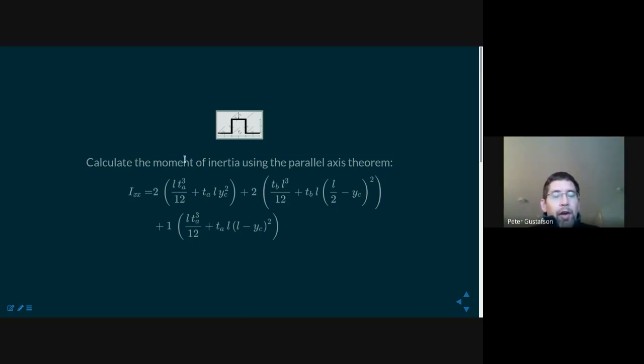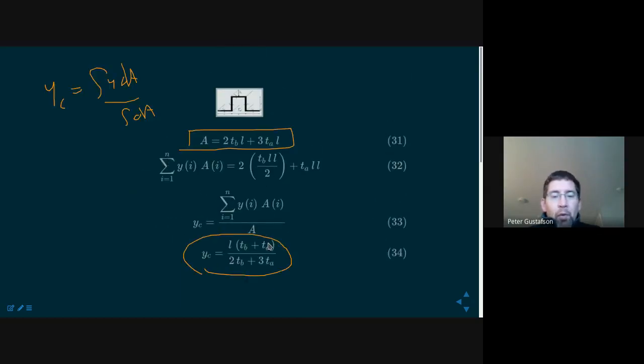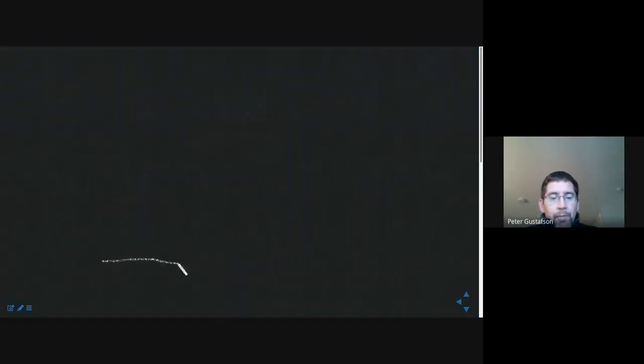Okay, now we've calculated the centroid, which, by the way, ends up being L times some ratio of the thicknesses, measured from the bottom, down here.